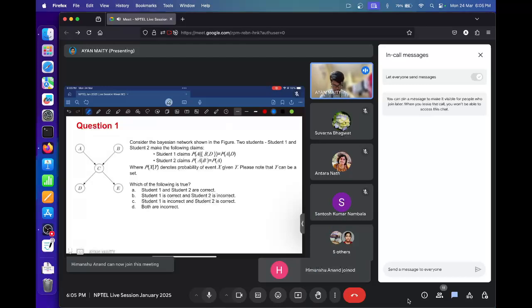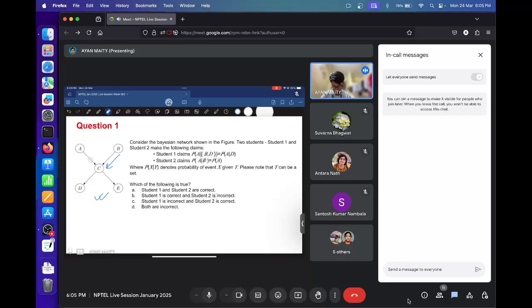So this is question 1. Consider the Bayesian network shown in the figure. This is a directed Bayesian network. You can see the edges are directed here. There are two students, student 1 and student 2. They make two claims.